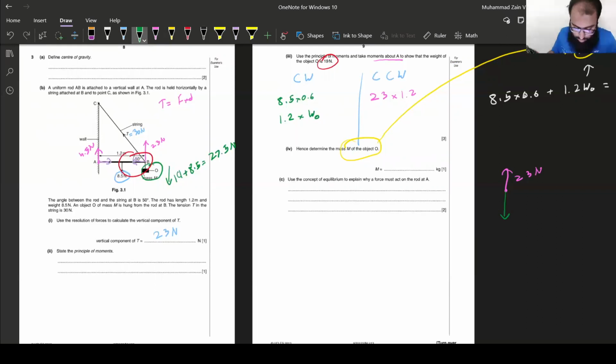So it's 8.5 plus 19, which equals 27.5. When there is a 27.5 Newton force downwards and 23 Newton force upwards, the resultant force is 4.5 Newtons downwards. So this force is also imbalanced. There should be another force on A to counter this, because the resultant force is not zero.